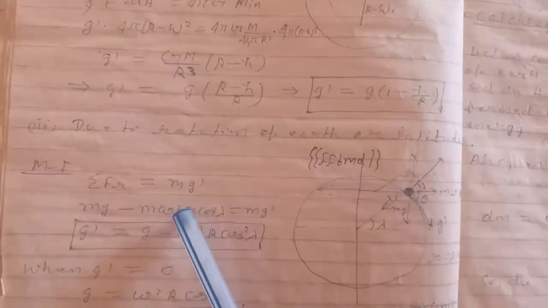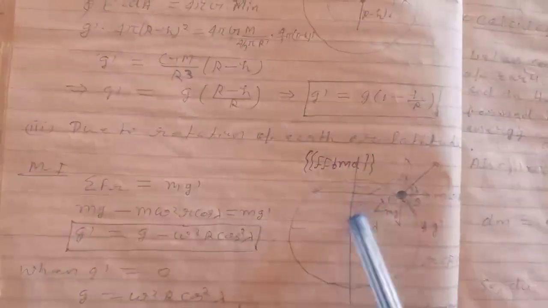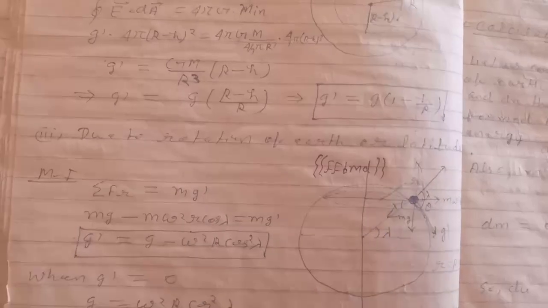Because r equals R cos lambda, if we take from this formula, this is lambda, then r will be capital R cos lambda.